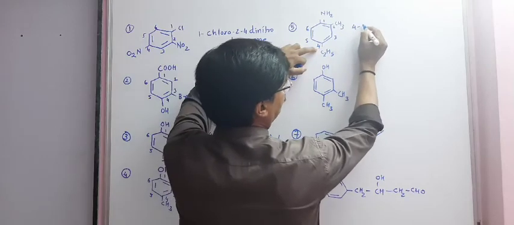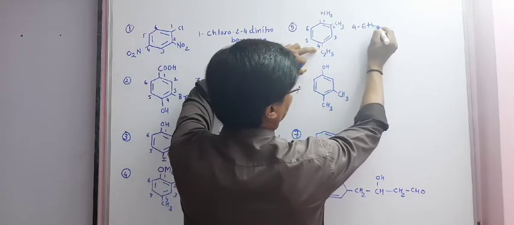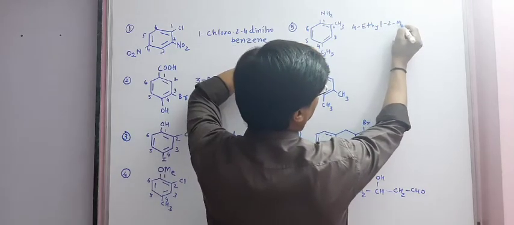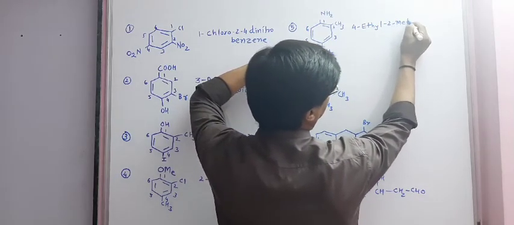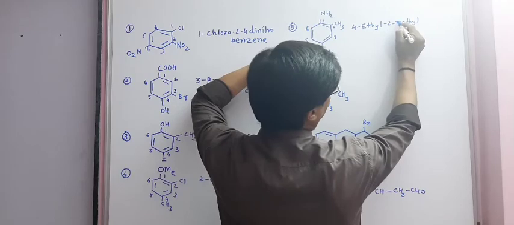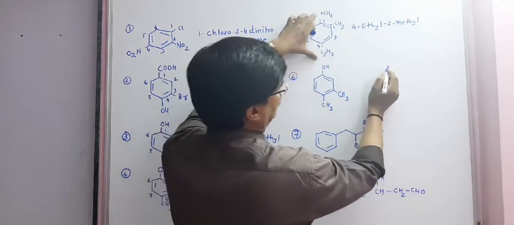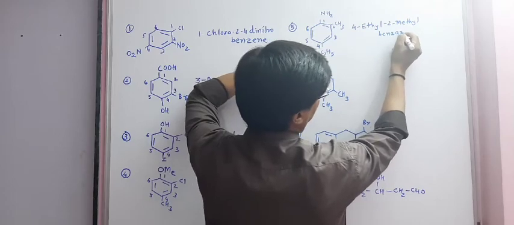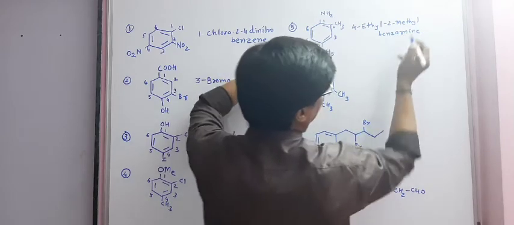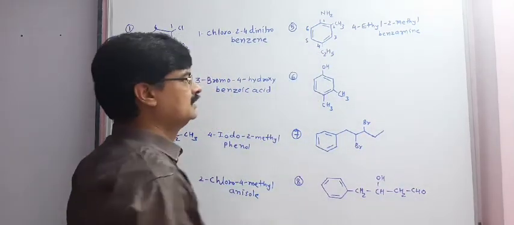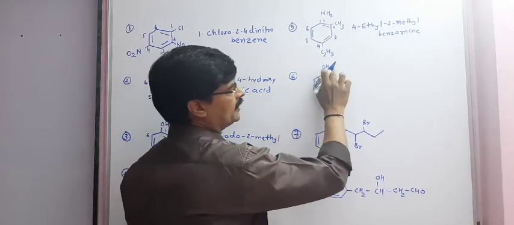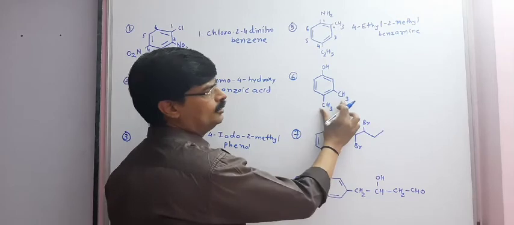So the name will be 4-ethyl, 2-methyl and this is aniline or benzamine.